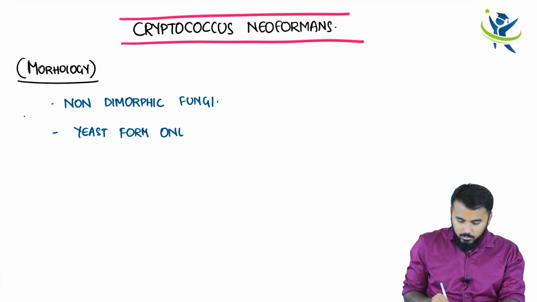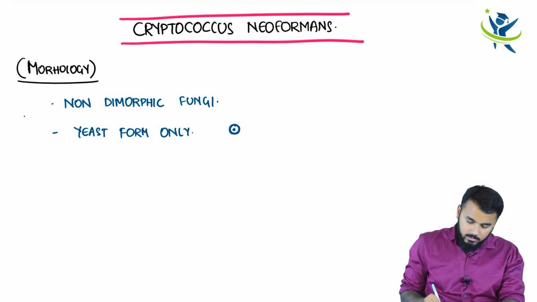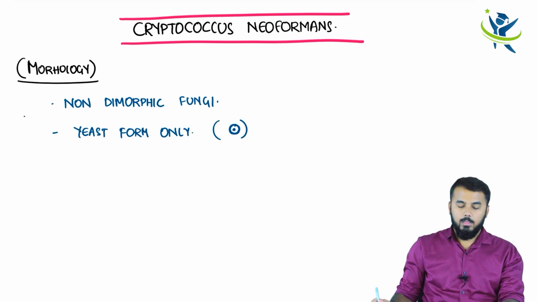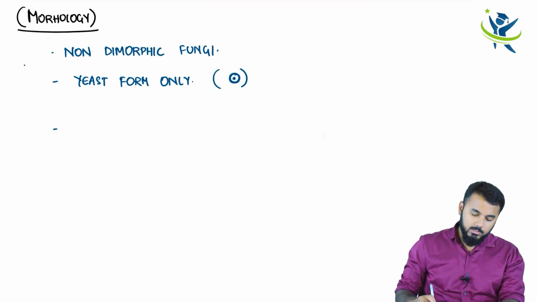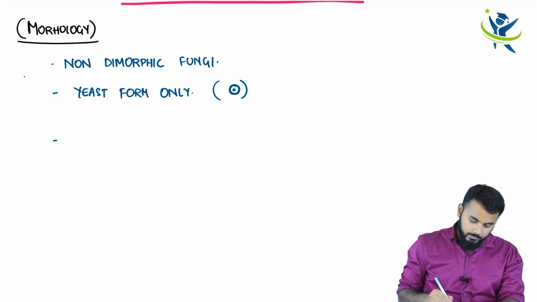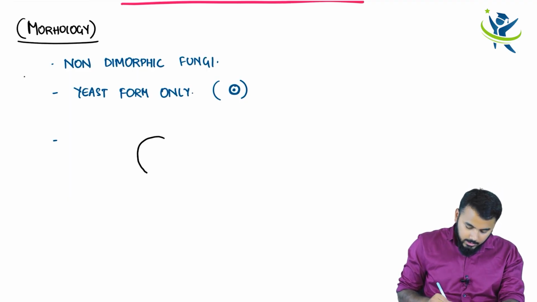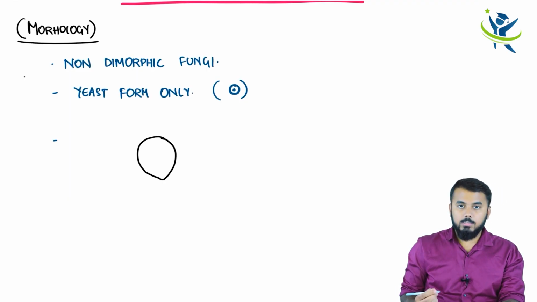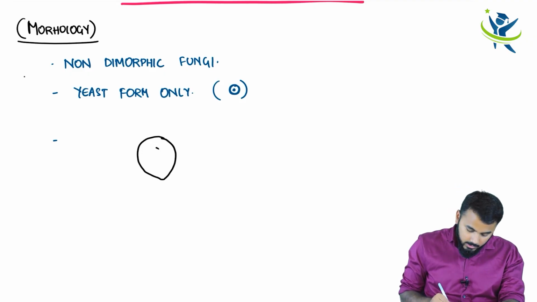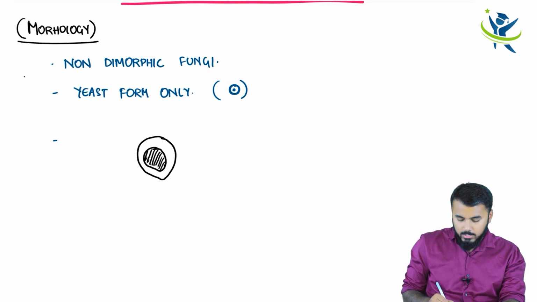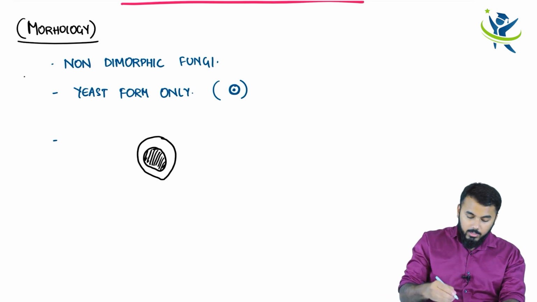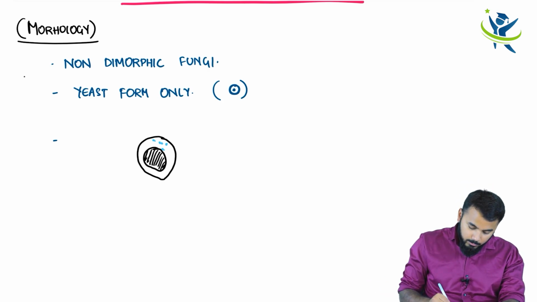So it has got a single cell like this. Now when you look at the structure of this, how does this look? This is completely circular like this. So this is Cryptococcus neoformans, and whatever I'm drawing with the blue color dots here is all the capsule.